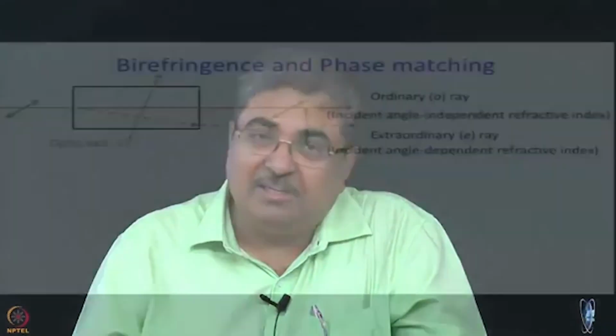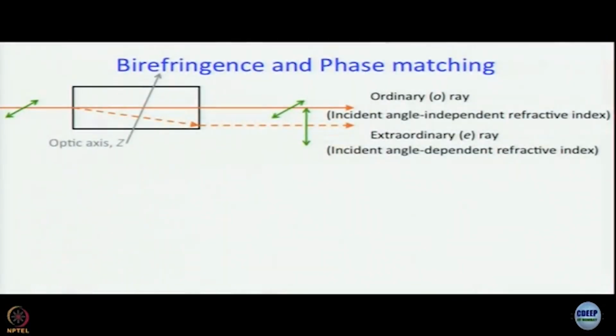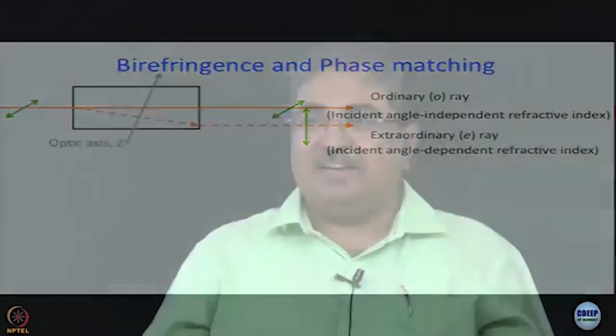And refractive index of the ordinary ray does not depend on the angle of incidence. Refractive index of the extraordinary ray does depend on the angle of incidence. We take a break here and complete the discussion in a hopefully significantly shorter module that is to follow.